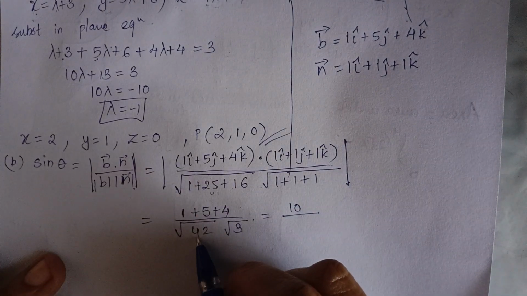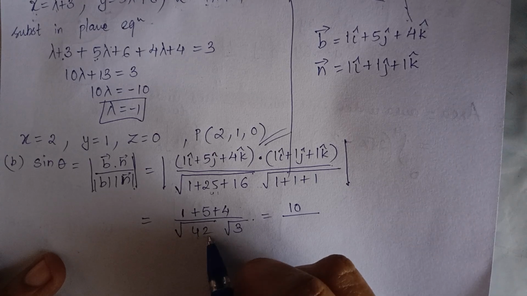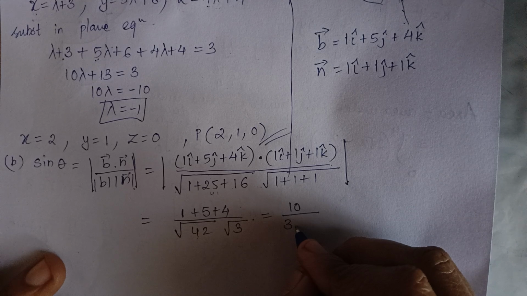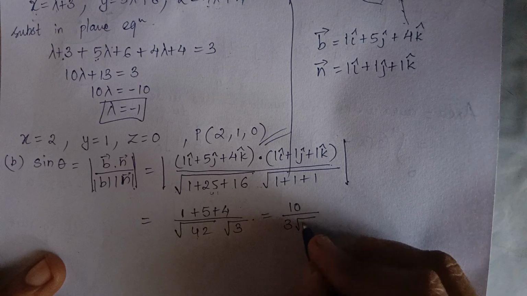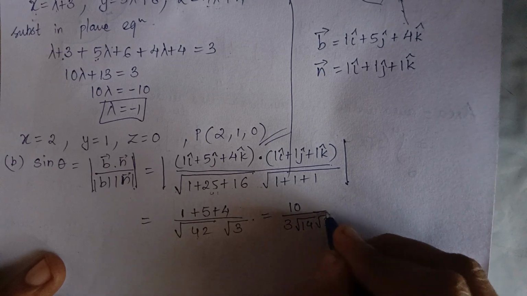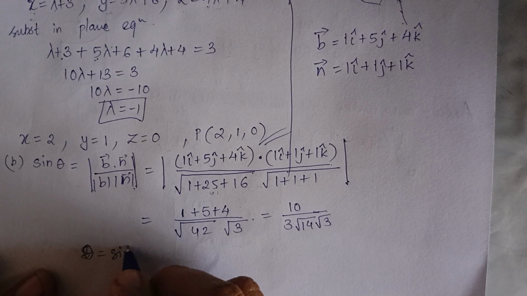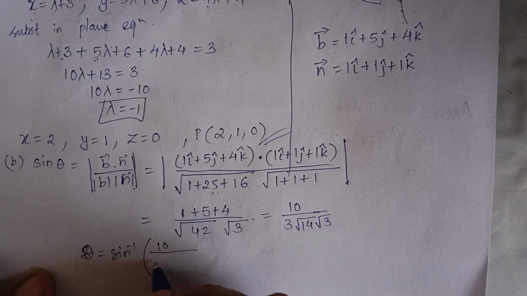This will be 6 into 7, so 3 you can take out. Root 14 into root 3. So theta is sine inverse of this value.